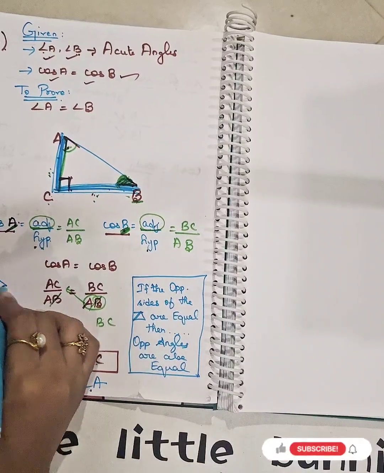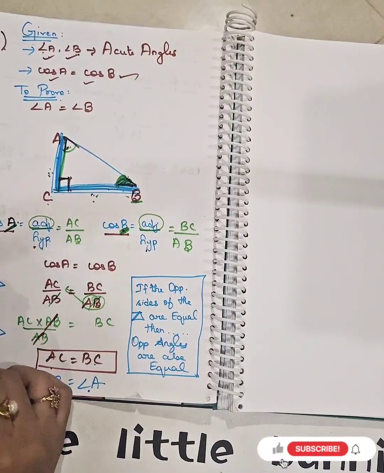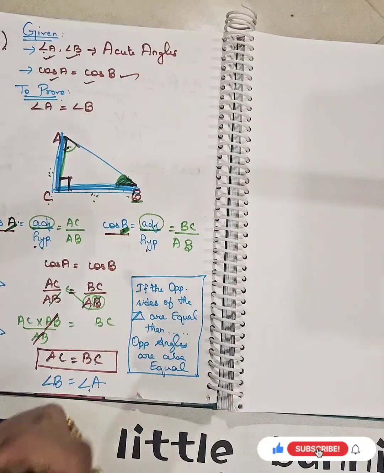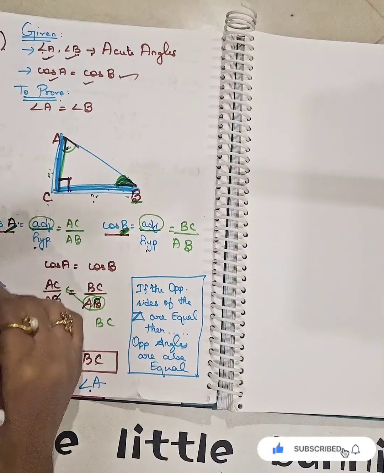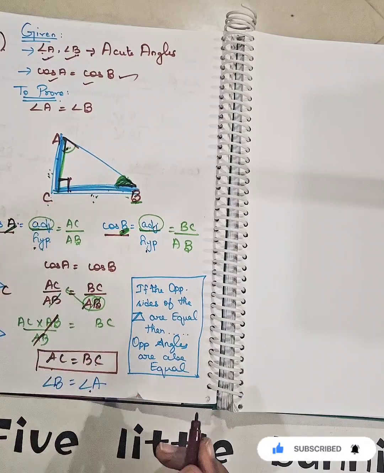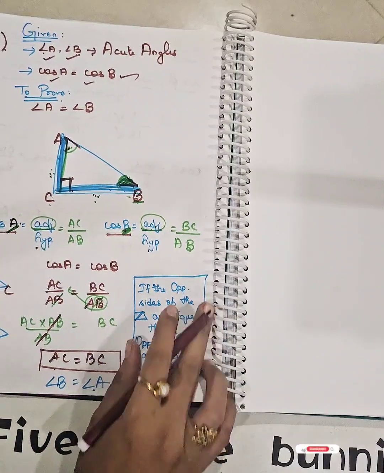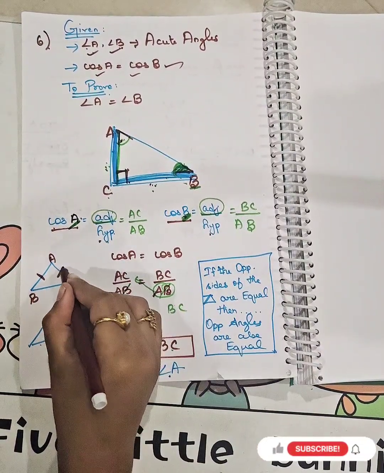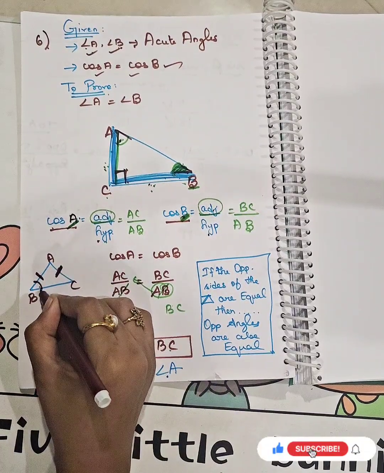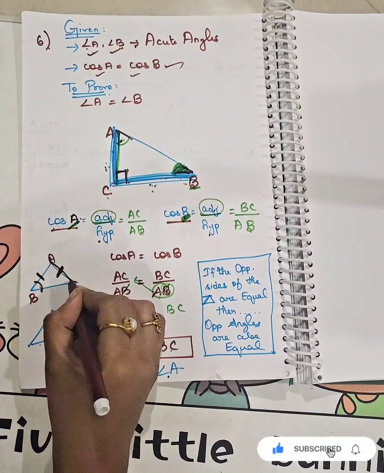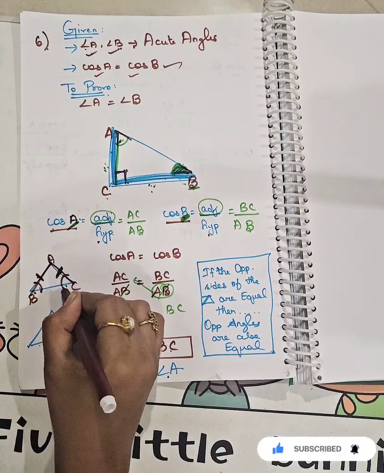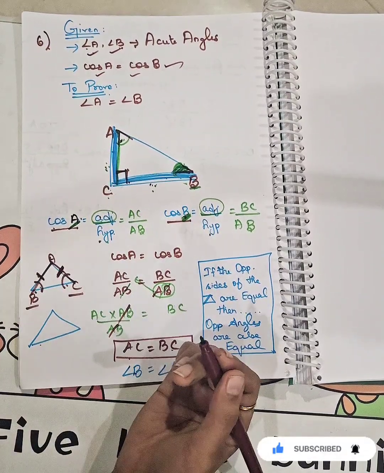So, if I take a triangle, if I am telling AB is equal to AC, which means the opposite angles, what is the opposite angle for this side? B. What is the opposite angle for this side? C. B and C are equal.